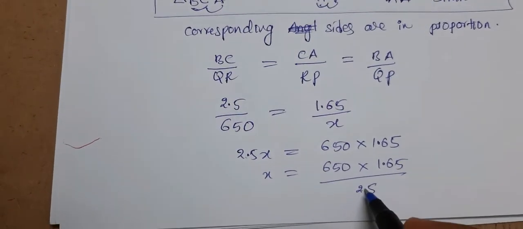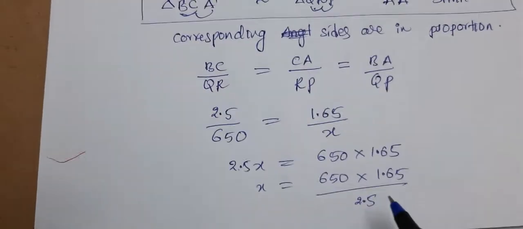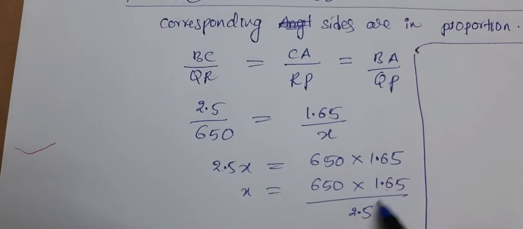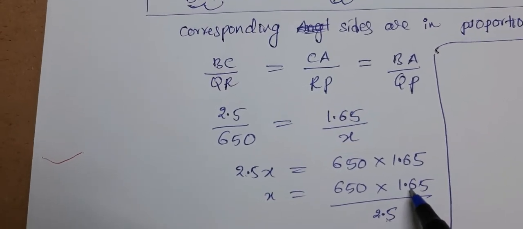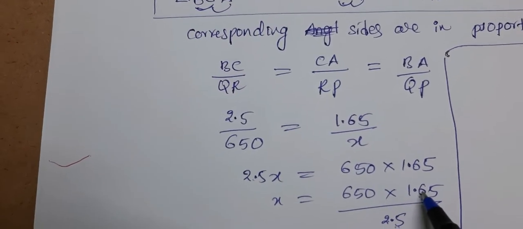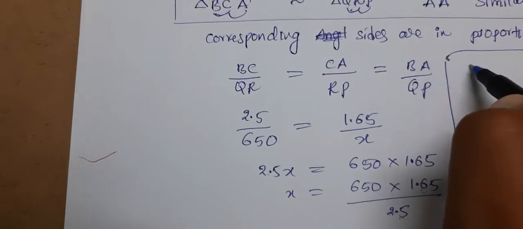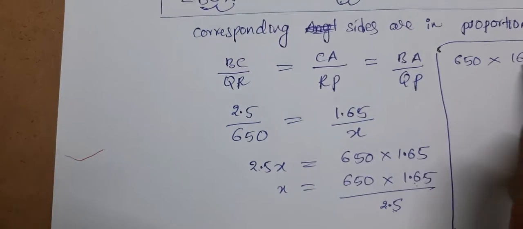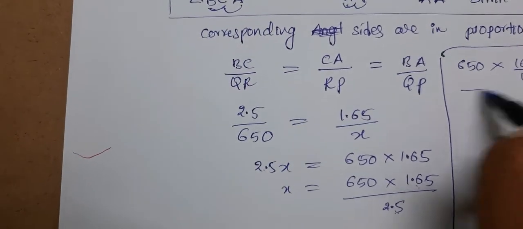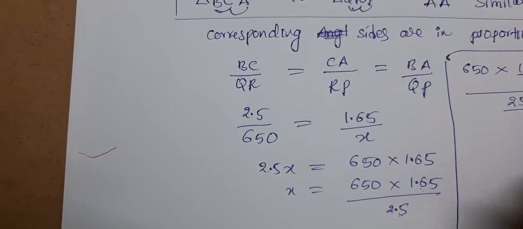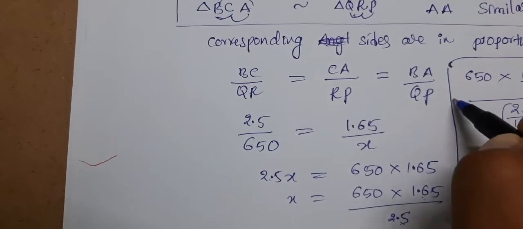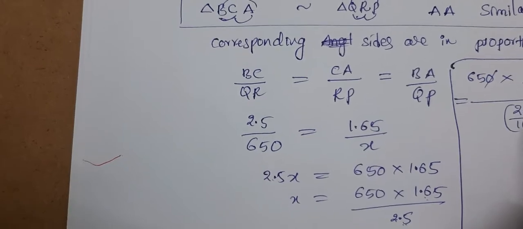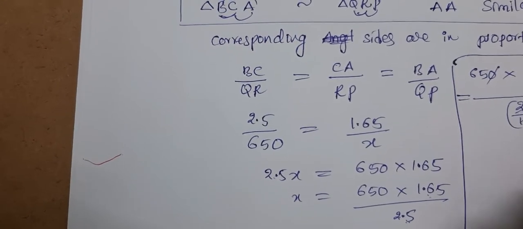Right? Here one more thing: these are not like decimals, so we need to treat them as fractions. So 650 into 165 by 100 by 25 by 10. Here the zeros cancel.